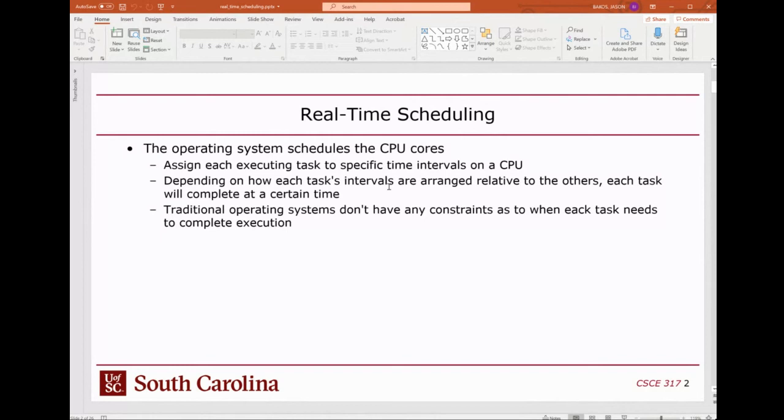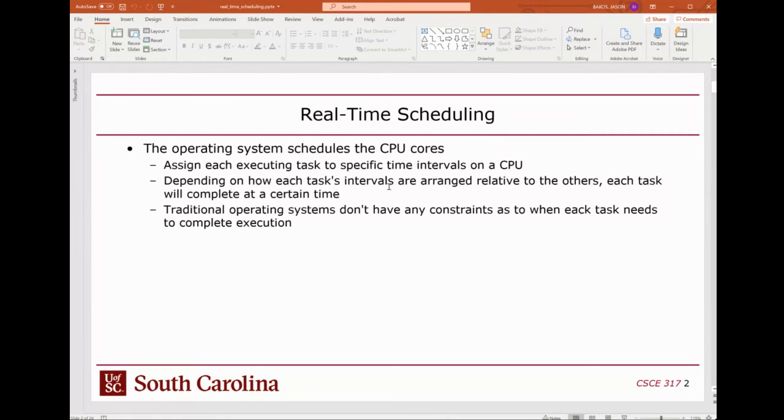But a traditional operating system doesn't have any constraints as to when each task needs to complete. Generally speaking, operating systems make a good faith attempt to be fair, at least among tasks having the same priorities.